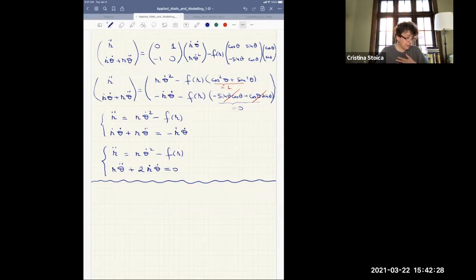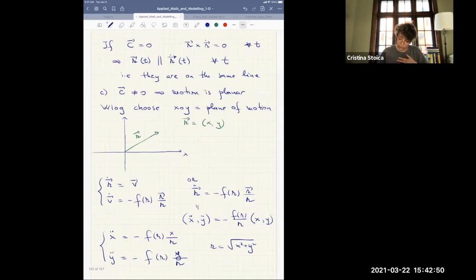Next time, we're going to take this stuff and we're going to go with the equation where we have really the gravity. So what we did until now, as you can see, is independent of that central force, right?